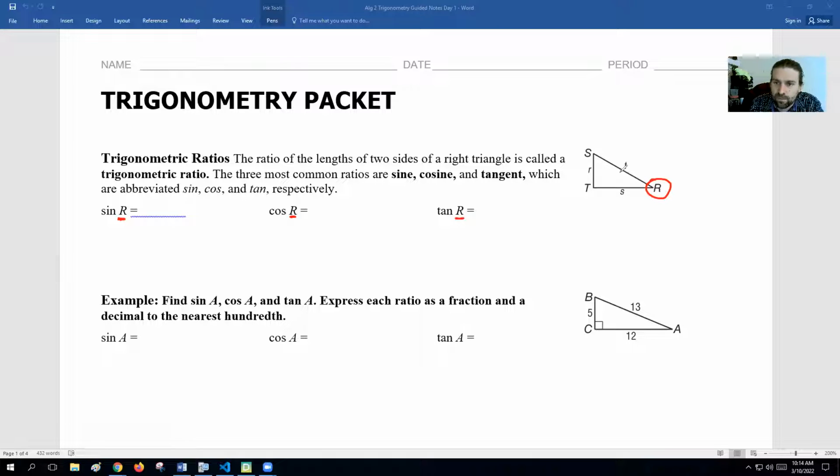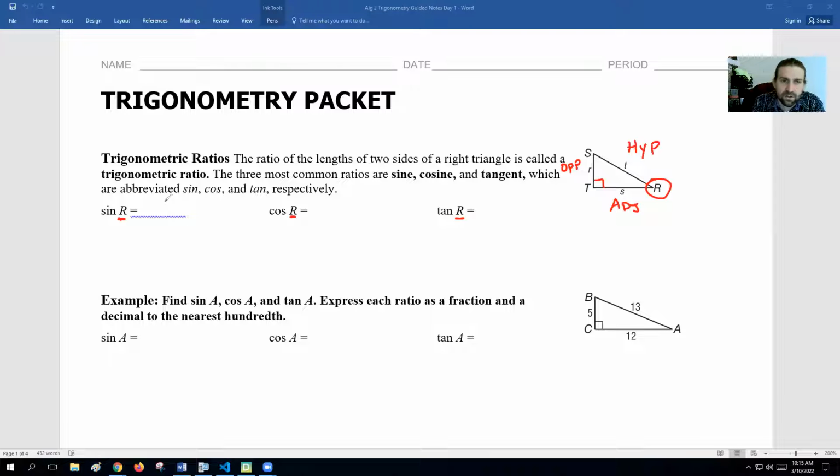Now, when we look at angle R, we actually have three sides. One side here is the hypotenuse. The hypotenuse is always the side opposite the 90-degree angle. It's always the longest side. The side across from the angle we're looking at is the opposite, and the leftover side is the adjacent.